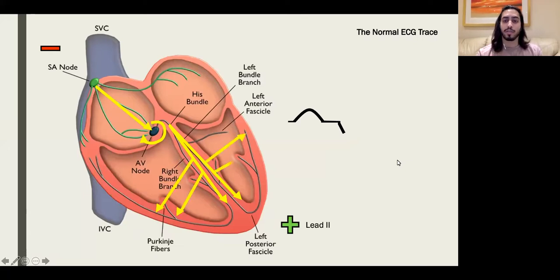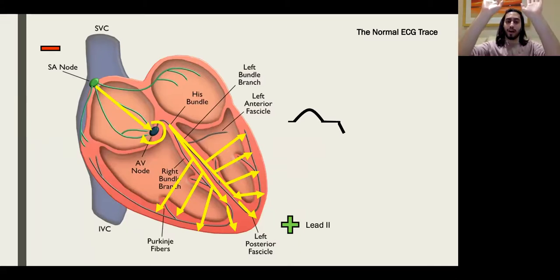So you've got your septum depolarized. Now what? Now basically we need to get the actual apex of the heart depolarized in order to contract, because we know the heart contracts from the bottom of the ventricles, squeezes the blood, and pumps it all the way out to the aorta and the pulmonary vessels, okay? So we've got to start from the bottom. So what happens? We start over here.